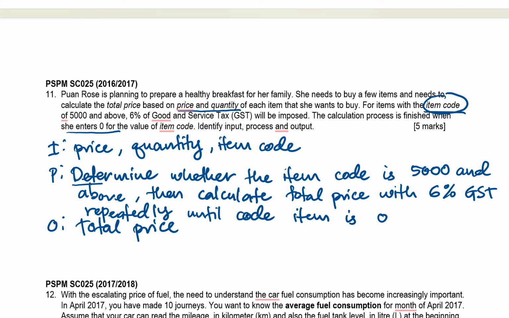This indicates a selection, and the words repeatedly until item code is 0 indicate a repetition. It means we determine whether the item code is 5,000 and above. If the item code is 5,000 and above, then calculate the total price with 6% GST. Repeatedly, it will repeat until the item code is 0.